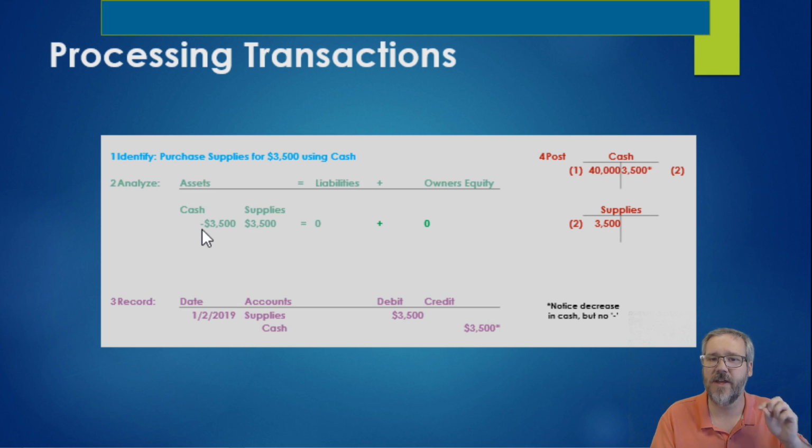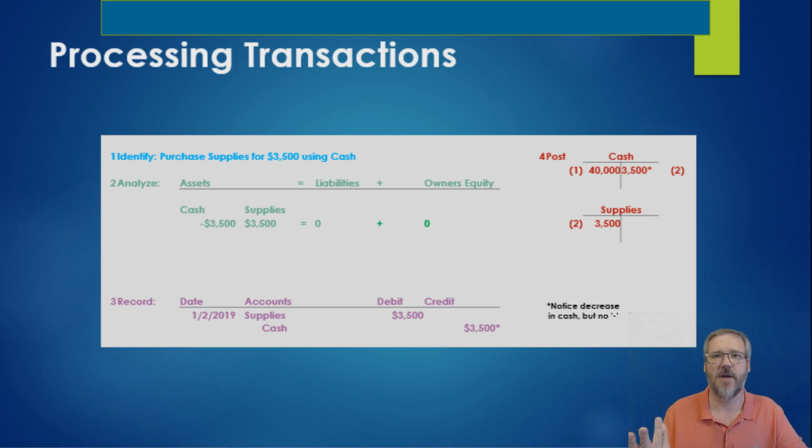Cash is going down by $3,500. Supplies is going up by $3,500. Notice everything happens on one side of the equal sign. Therefore, my transaction, my books, they still balance. I've got $3,500 worth of one asset going down, but I have $3,500 worth of another asset going up.